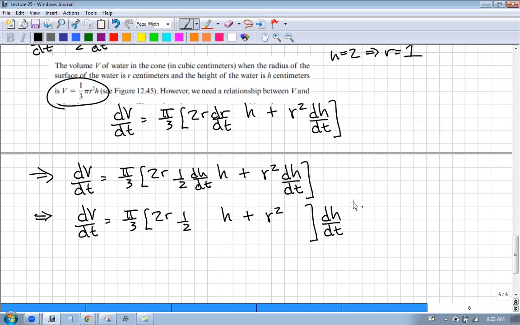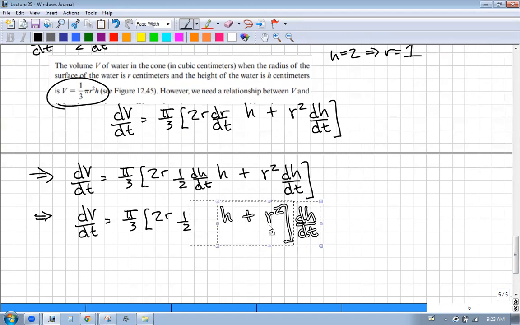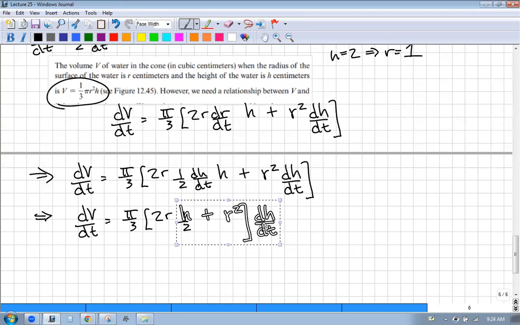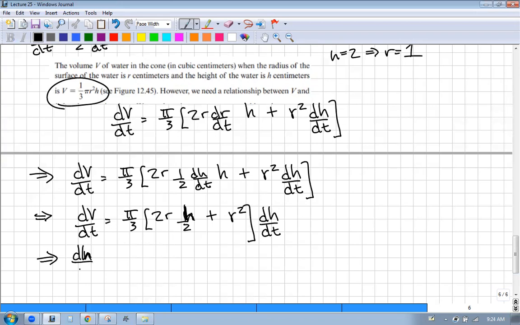Boop. Put it all back together here. There. That h right over that. So our dH/dt is this divided by all of that.